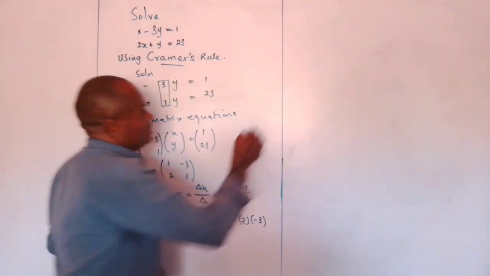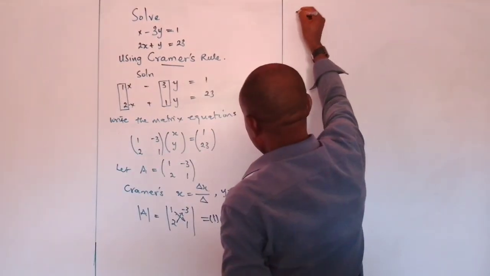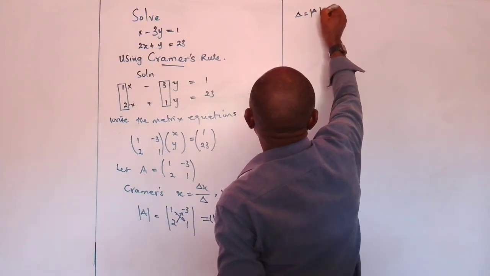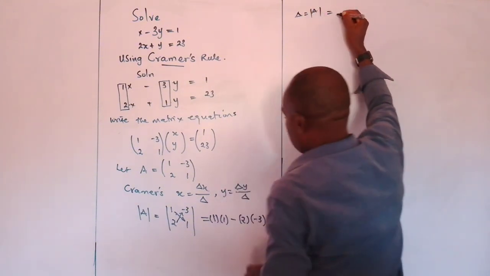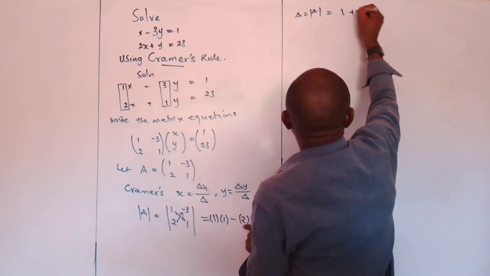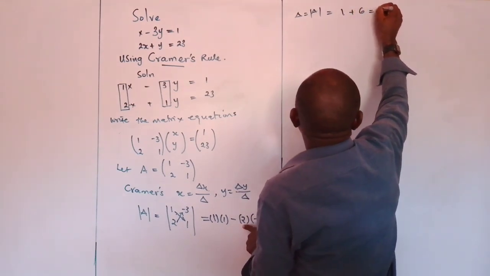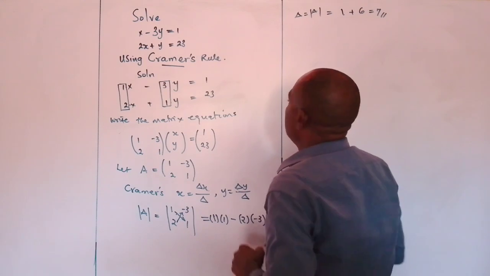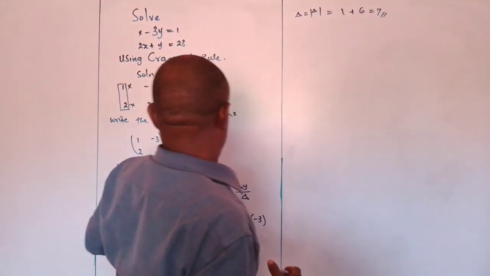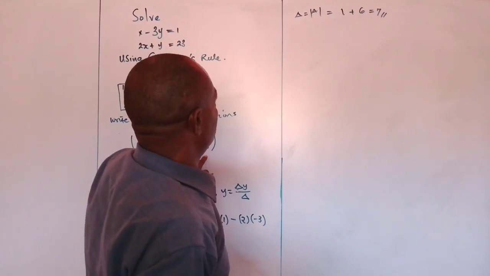So if you work this, the general determinant, which is equal to the determinant of A, gives us 1 plus 6. That's going to produce 7. So we've got the general determinant of this matrix equation.